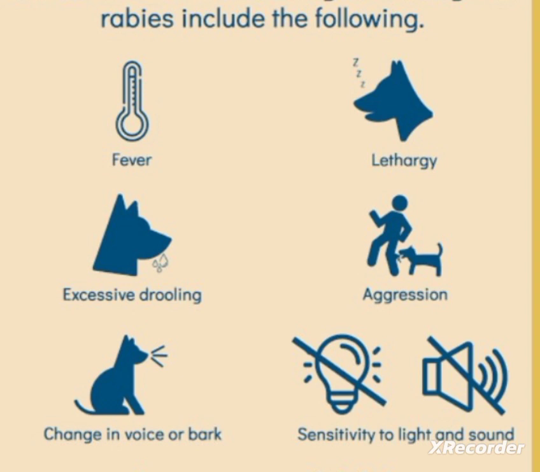If the dog has rabies, the dog will show some signs and symptoms like excessive drooling, changes in voice or bark, unsteadiness, disorientation, hallucination, barking or snapping at nothing, sensitivity to light, and very aggressive behavior.